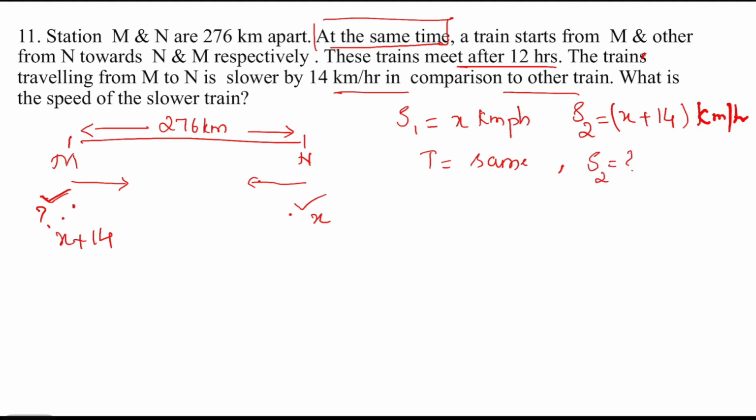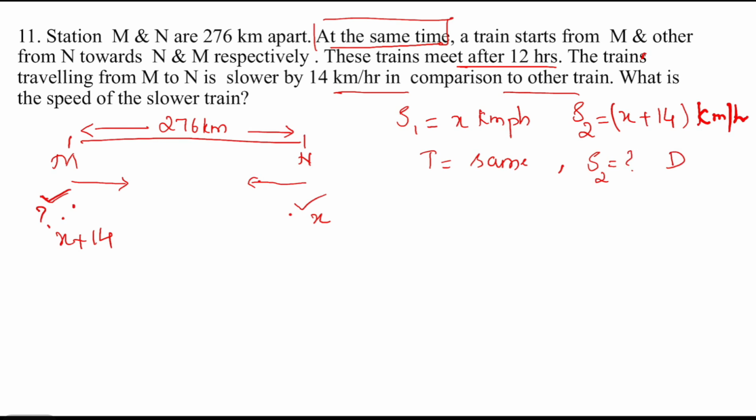To find out speed, we want distance, isn't it? But the distance at which they will meet is given.